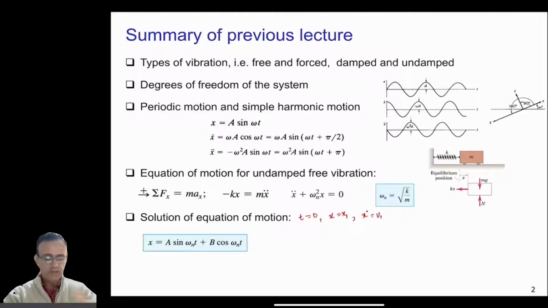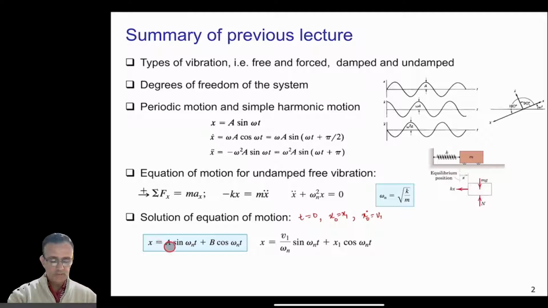So these are our initial conditions. If the velocity and displacement are given, we can calculate A and B, which in this case A becomes v1 divided by omega n, and B becomes x1.